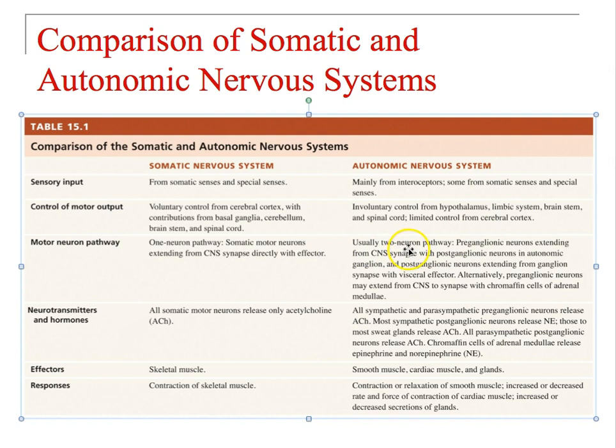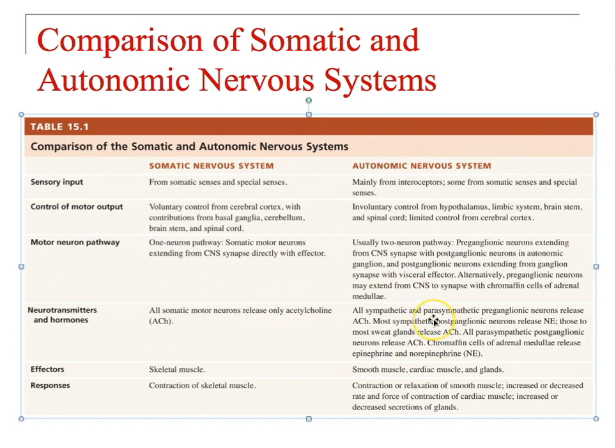There's usually a 2-neuron pathway where you have a preganglionic neuron that actually has to activate a postganglionic neuron. Okay, with the exception of the sympathetic nervous system, which has a preganglionic neuron that travels to those chromaffin cells inside the adrenal medulla. Neurotransmitters, generally speaking, acetylcholine is for all somatic motor outputs.